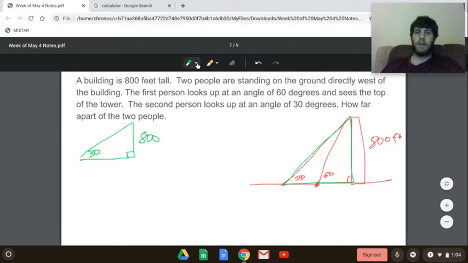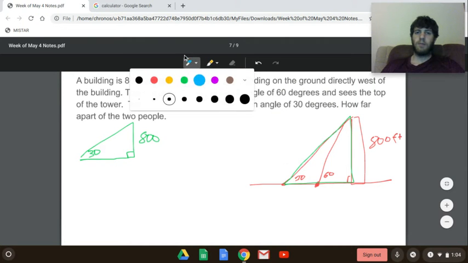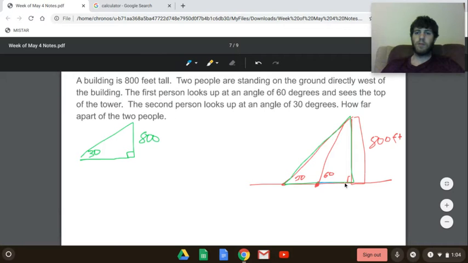Then we have the blue one, the small triangle. It's the same height, just a little smaller. This is 60 degrees, here's your right angle, and this is 800.